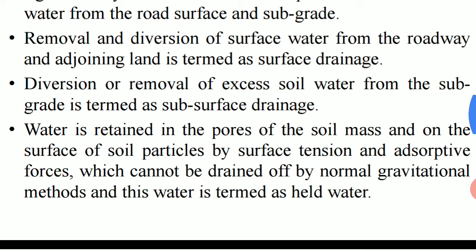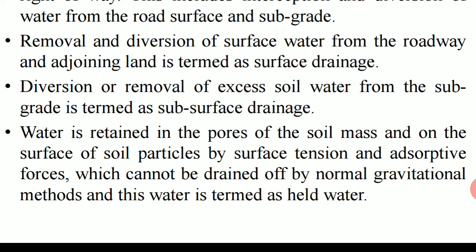So we need to drain it off from the roadway, and we can divert that rainwater, which is going to affect the different layers of the pavement, either into the adjoining field or by providing a proper drainage system. That depends upon the amount of rainfall there. That particular process we can call surface drainage.